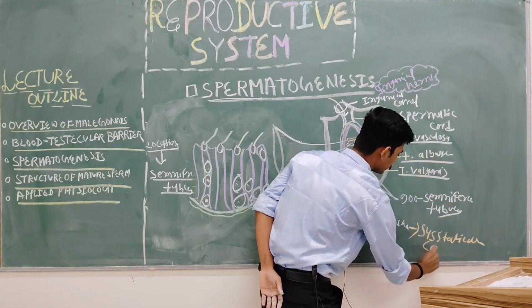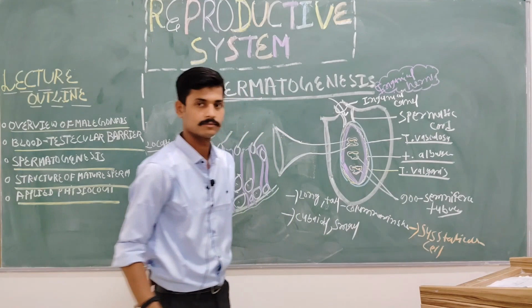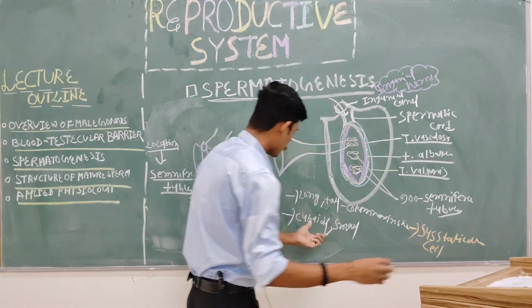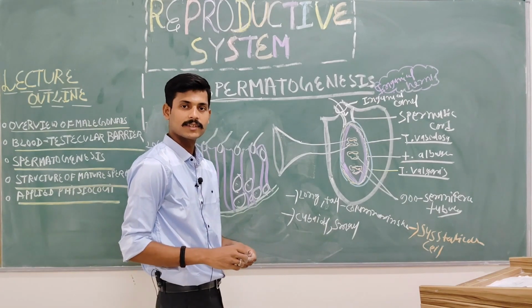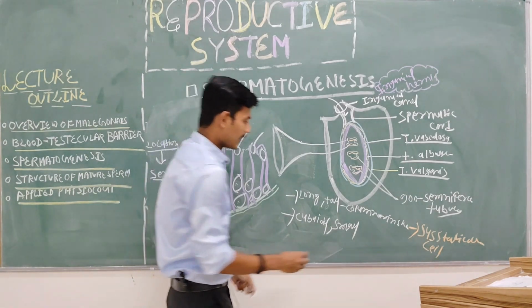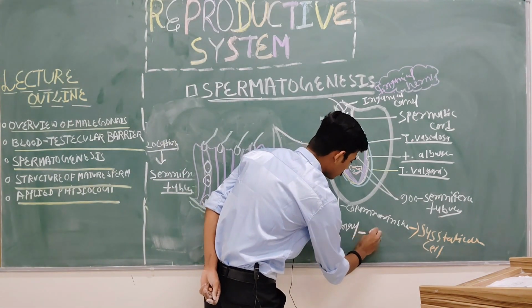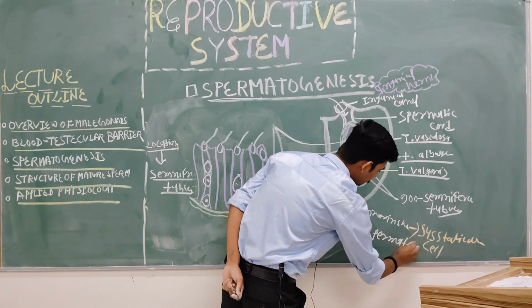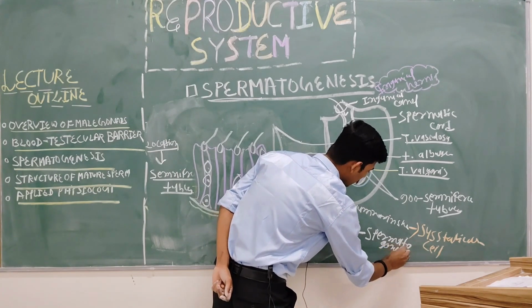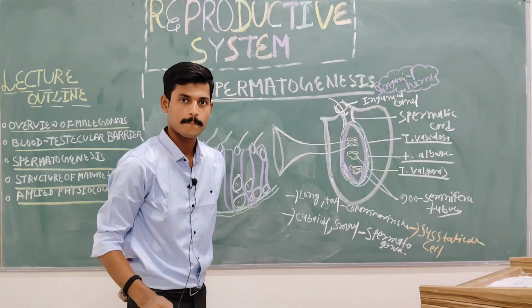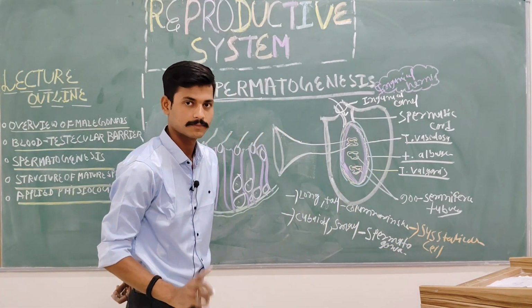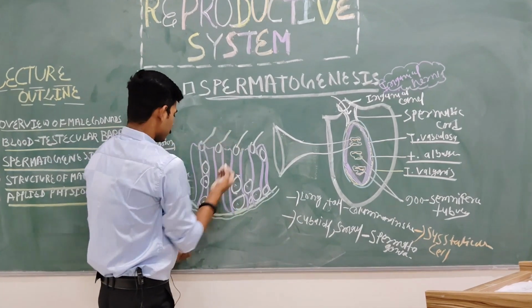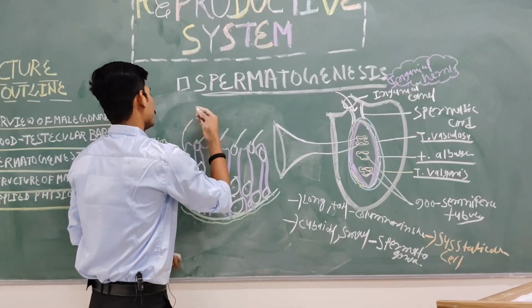And this cuboidal, small cell is the spermatogonia. Let's write their names here.